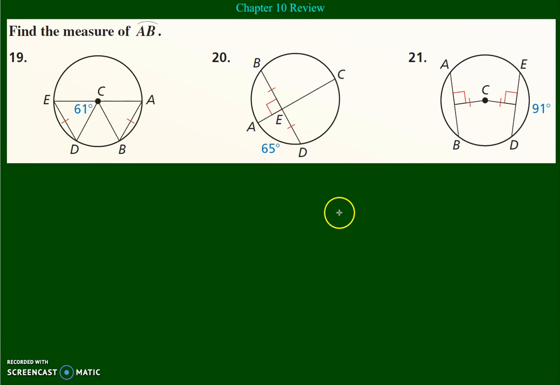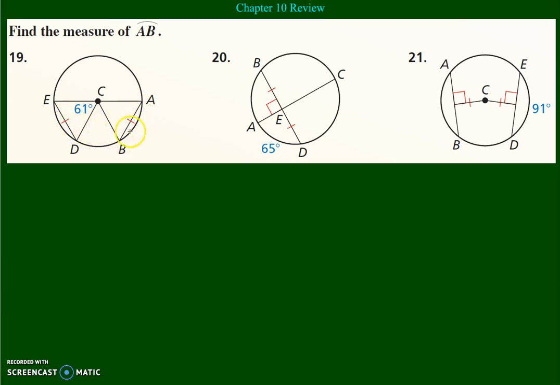In problem 19, we're looking for the measure of arc AB. So this is AB, and we know that if this central angle is 61 and this chord is congruent to this chord, then we know that this arc is congruent to that arc. Since 61 is the measure of this arc, then we know that 61 has to be the measure of this arc.